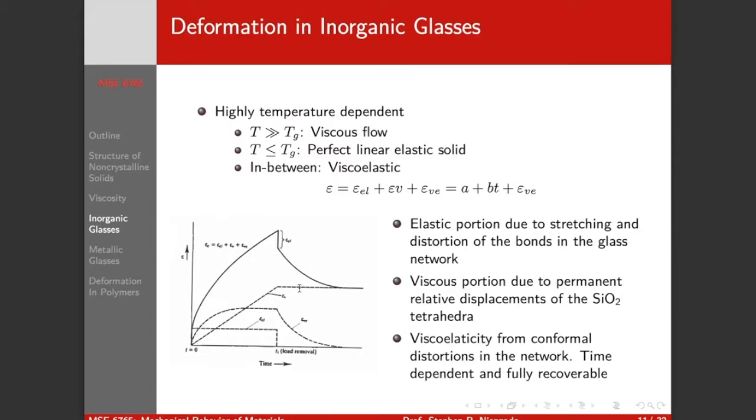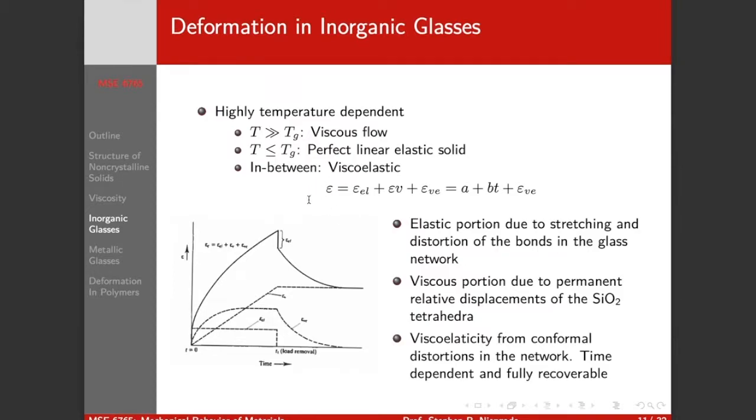The linear elastic part, so this is significantly above Tg. Significantly below Tg, we have a pure elastic response. Our applied load gives us an instantaneous strain, which stays constant until the load is removed, when it instantly recovers. In between, we have our viscoelastic regime, right, where we will have a time-dependent deformation that saturates out, that becomes completely recoverable, right?